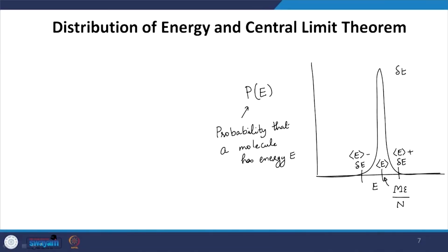The key point is that the width of the distribution starts to decrease as I increase the number of molecules, right. So, this width delta E, that is a measure of my fluctuation, is going to be decreasing as n starts to increase, and this is a statement of the central limit theorem. There is a very interesting fact about the central limit theorem, that it does not really matter even what the distribution is like.